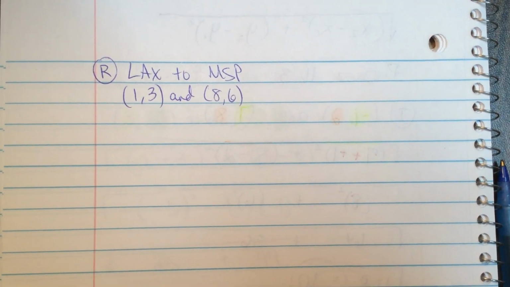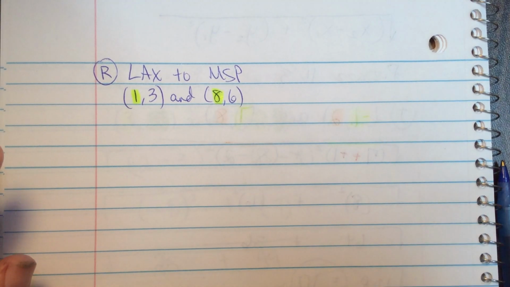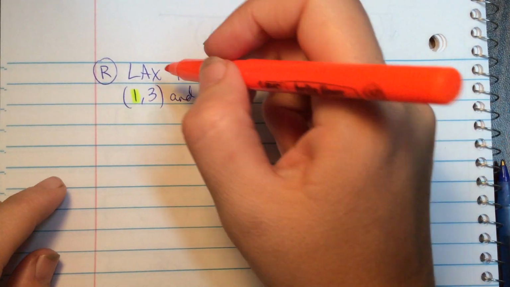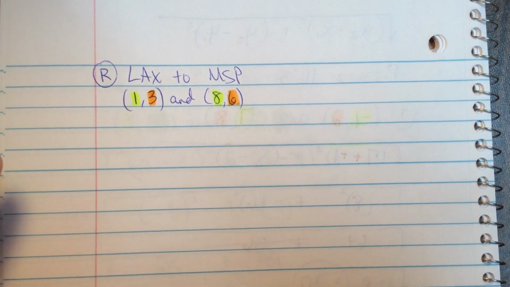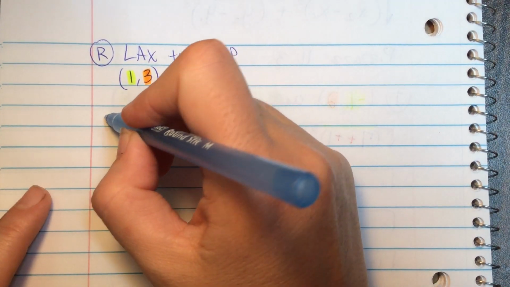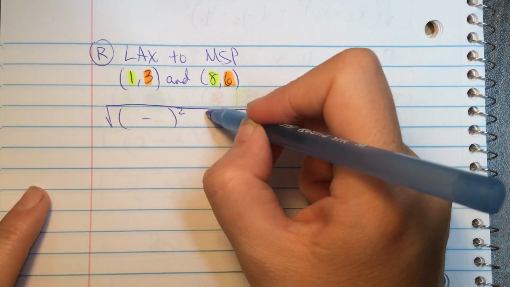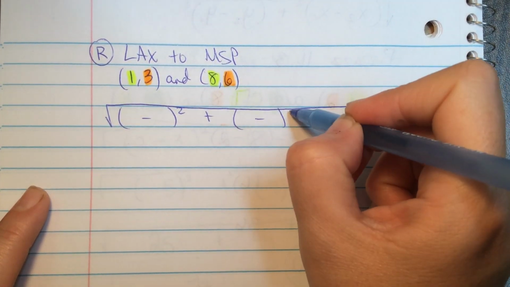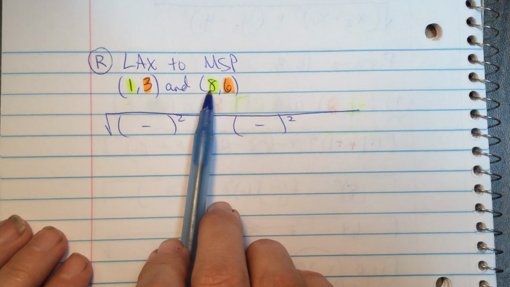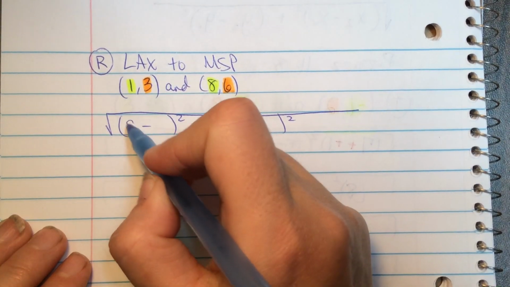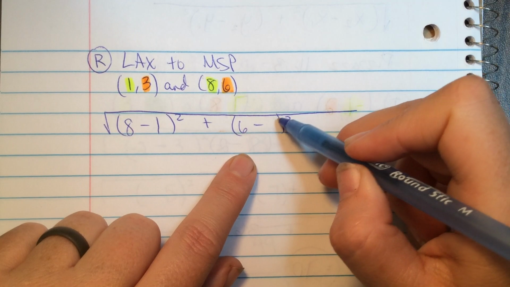And I'm going to highlight the X's and the Y's. And I'm going to create my shell. And I'm going to start with the second number, 8 minus 1, and then 6 minus 3.